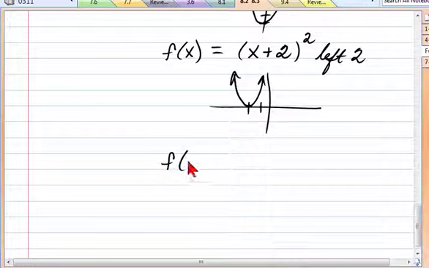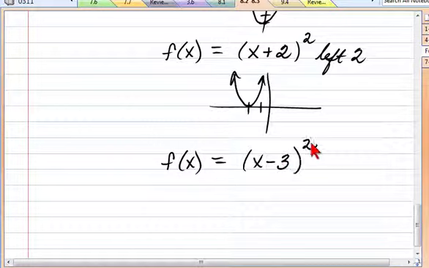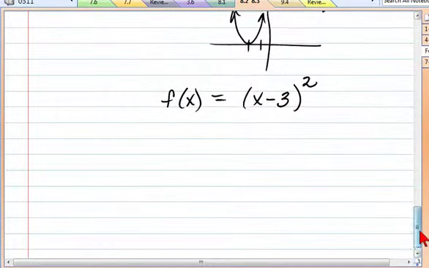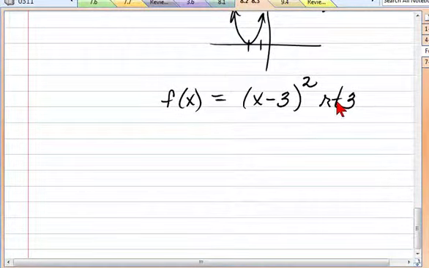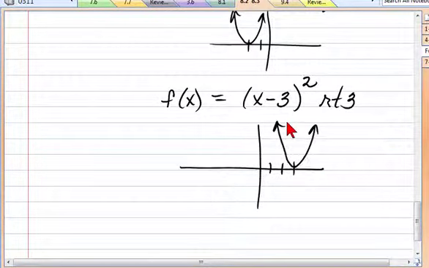And last one, before we look at our problems, if I have f of x is x minus 3 and then square it, what would that be? Which way will it shift? It will shift to the right 3. So you'll have 2 jobs.